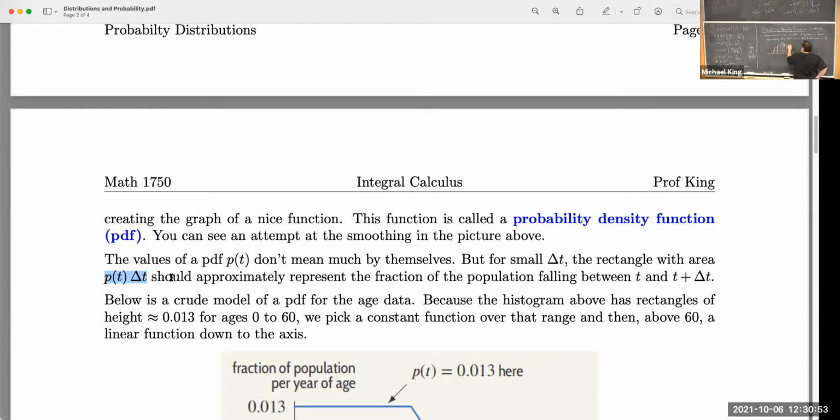Total area equals 1. And the top of this is the PDF function.